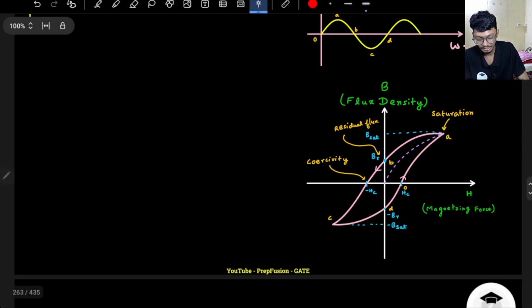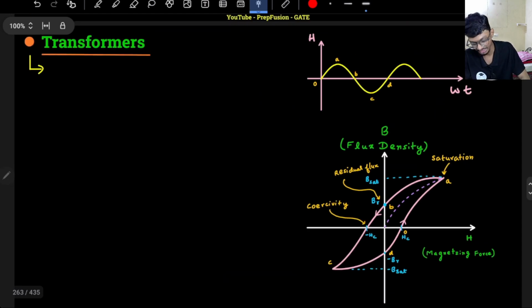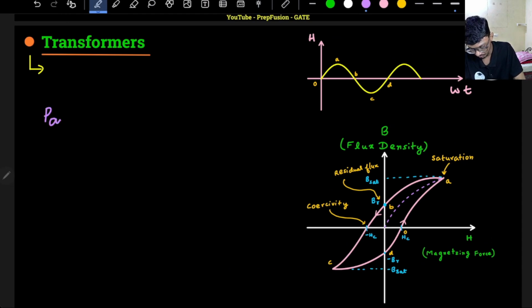So I want to calculate the overall energy consumed in the hysteresis loss. I want to calculate the power consumed. Power will be equal to energy per unit time, or the energy consumed in one cycle. That is also my power.